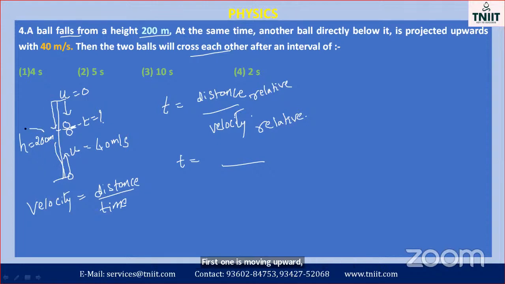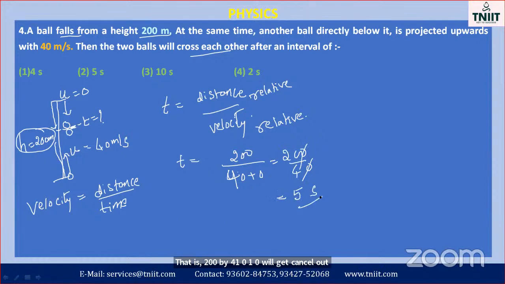So together, the total distance should be 200 meter only, no? When two balls are crossing, the distance covered by both balls must be equal to 200. What is the relative velocity? Relative velocity should be added up, that is 40 plus 0. So that is 200 by 40. 10 will get cancelled out. 20 by 4 is 5 seconds. So definitely the two balls are going to cross each other after a time interval of how many seconds? 5 seconds. I hope you understood.